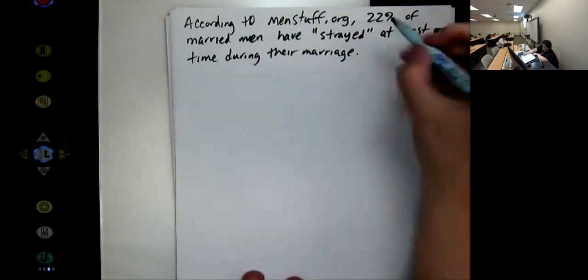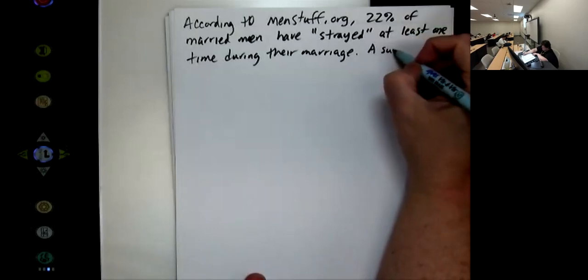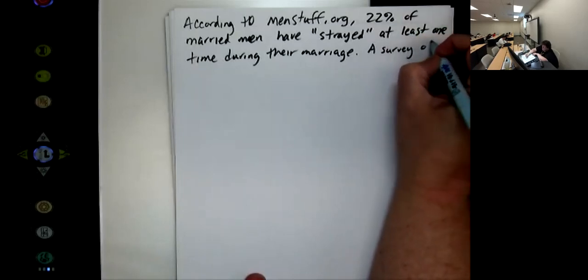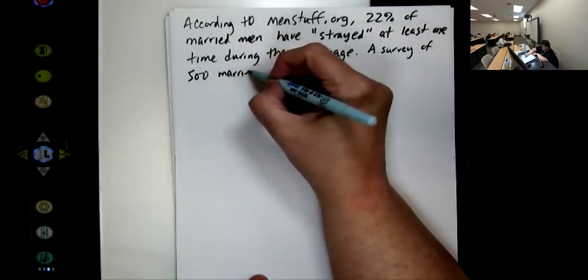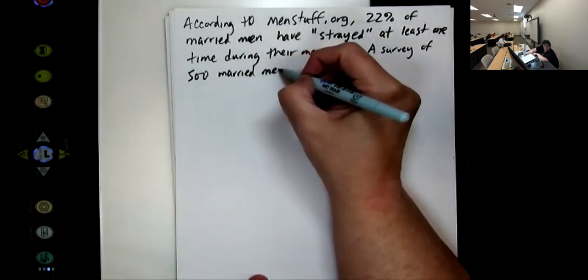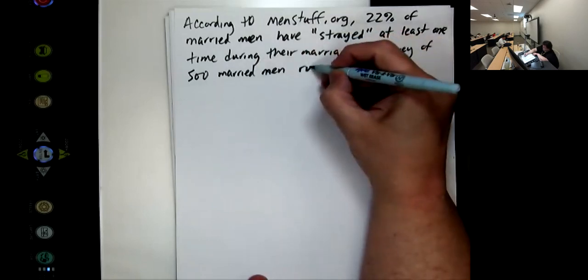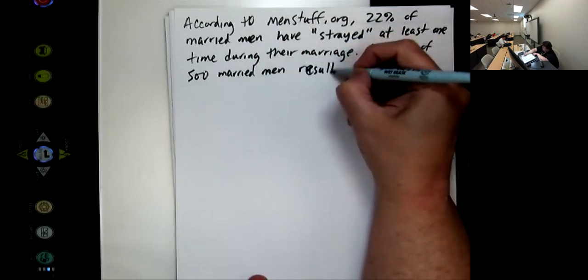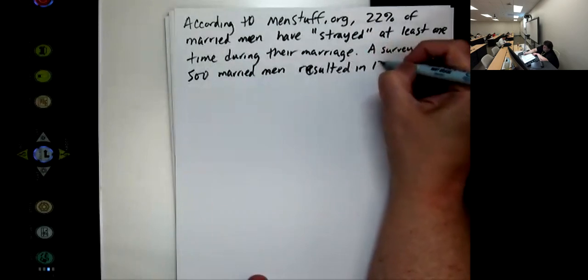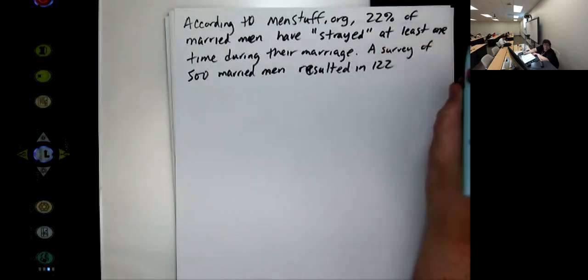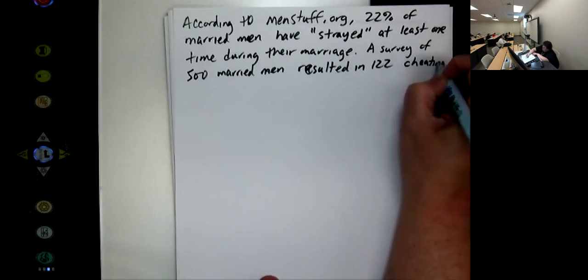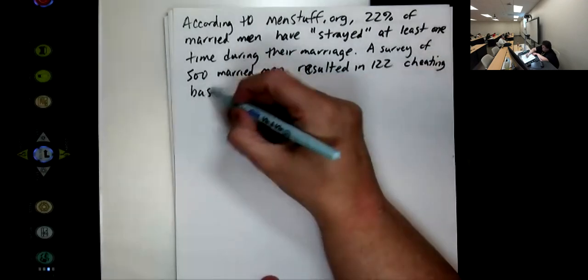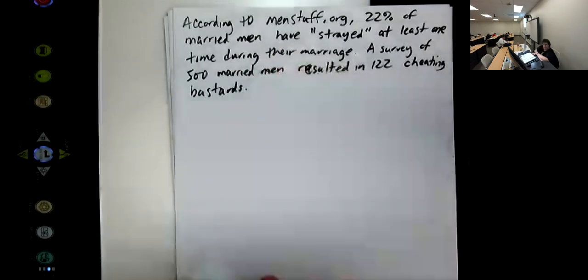A survey of 500 married men resulted in 122 cheating bastards. Rather than just writing out that long sentence, we're going to jump right to what it is. Cheating bastards.